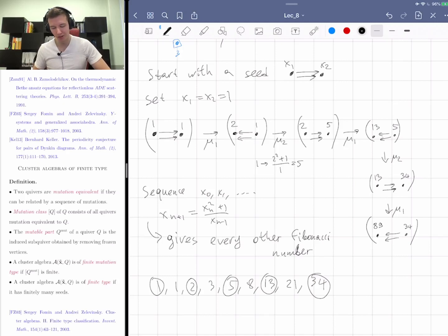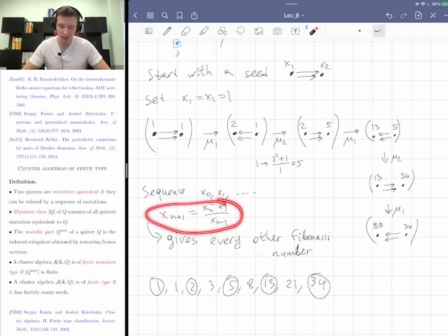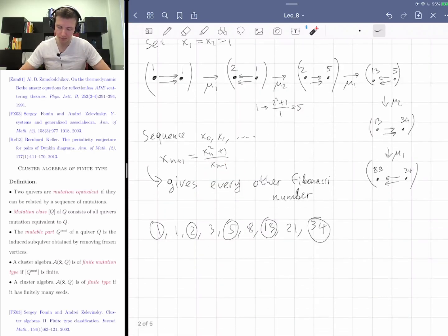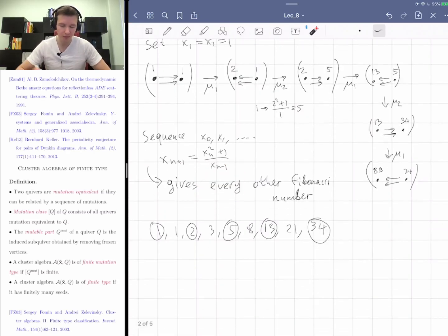And so that's interesting, right? Somehow Fibonacci numbers are known to satisfy a linear recurrence. This is not a linear recurrence here. You have a quadratic polynomial on top and you divide by xn minus 1. But somehow, okay, here is a question.